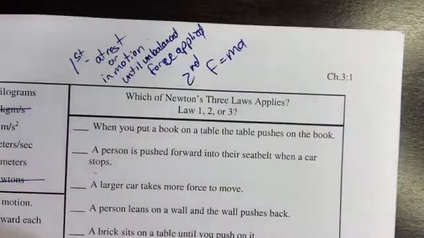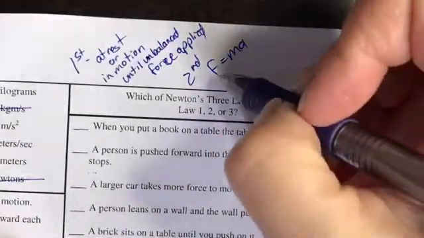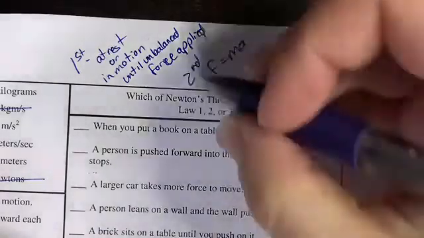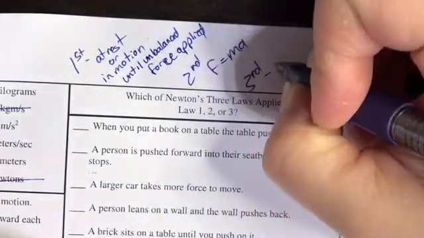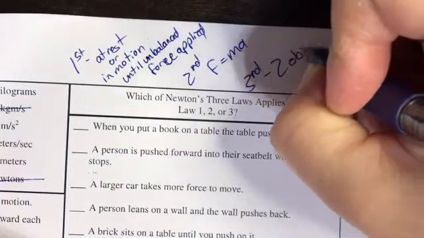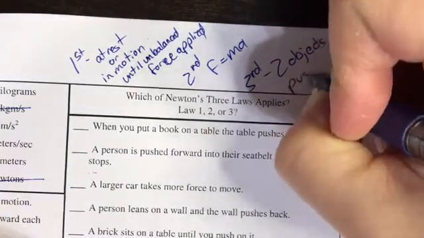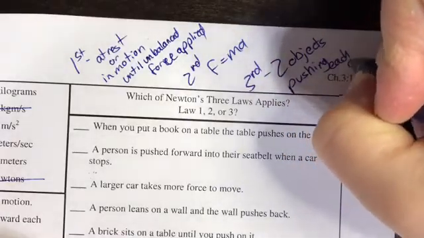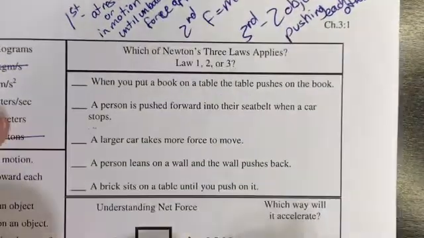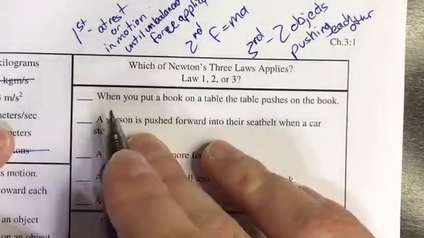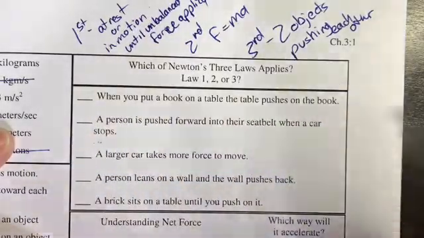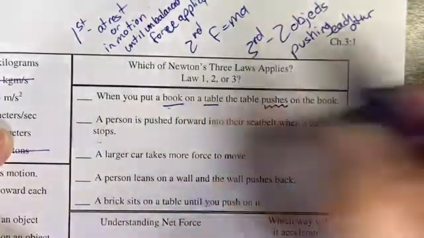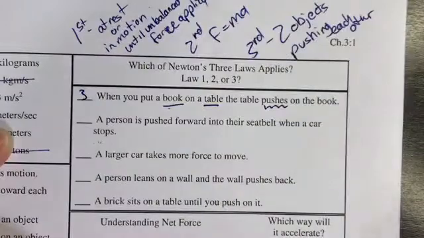So if you're dealing with a situation where we change the mass or we change the force and the acceleration is altered by that, then you got the second law going on. Third law, remember with this one, there has to be two objects pushing each other. So the first one, when you put a book on a table, the table pushes on the book. So the book and the table, they're pushing on each other, that's definitely Newton's third law.